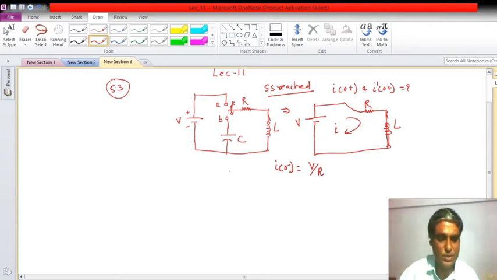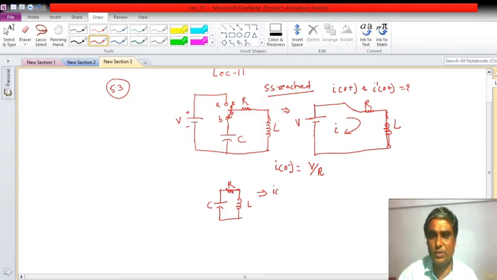Now I of 0 negative is V by R, and let us move this switch to point B. If I'm moving this switch to point B, what will be my equivalent? The equivalent looks like this. This is the inductor, and now there will be one more resistor present here. So what will be my I of 0 positive?